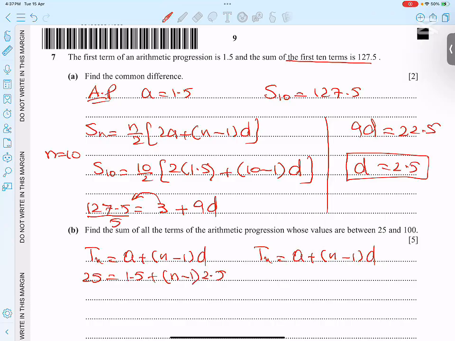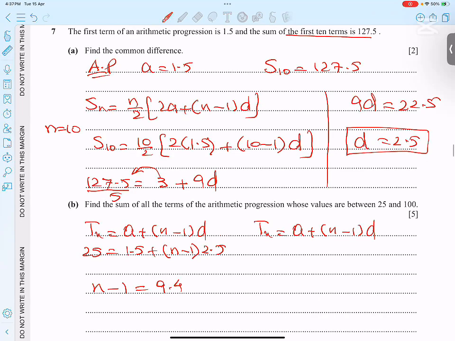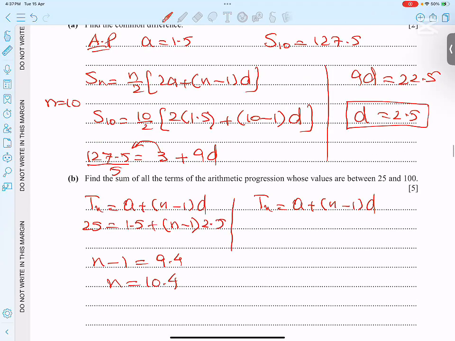So now if I solve it, 25 minus 1.5 divided by 2.5, I get n minus 1 equals 9.4. And if I add 1, it becomes 10.4. Now the problem is only coming with us. Which term we will take, we will decide a little later.